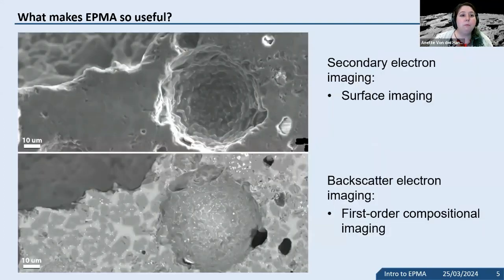Okay, so what makes electron microprobes so useful? I already mentioned, just as with scanning electron microscopes, we have electron imaging. We distinguish between secondary electron imaging, which uses one type of detector. And as you can maybe see here, it is really good for surface imaging of materials.